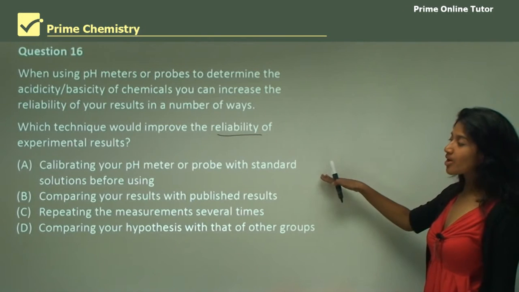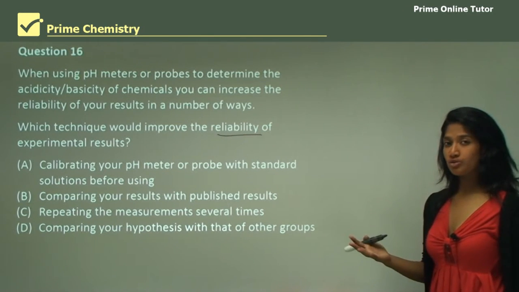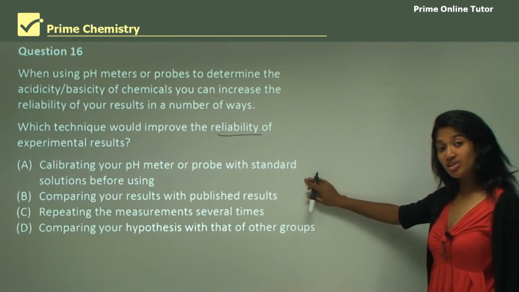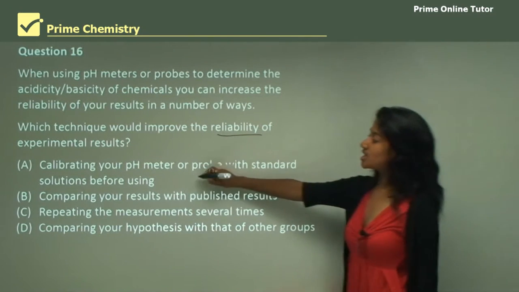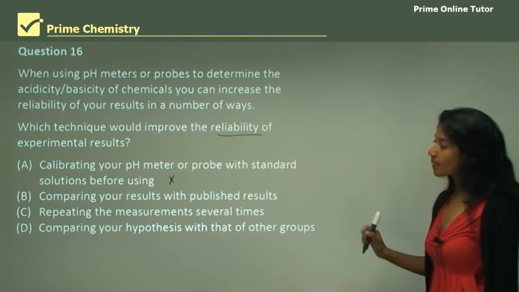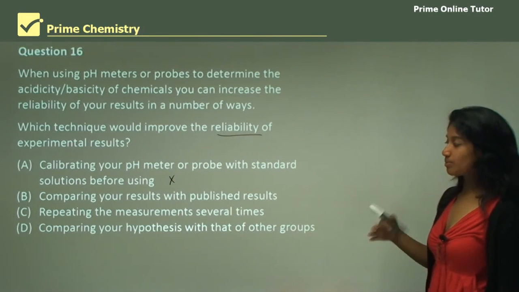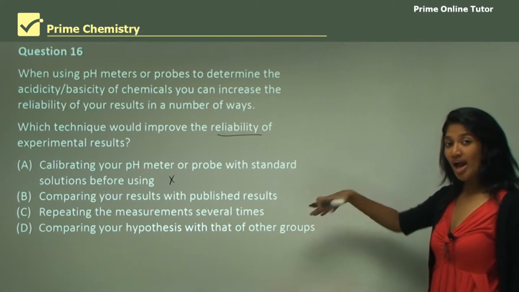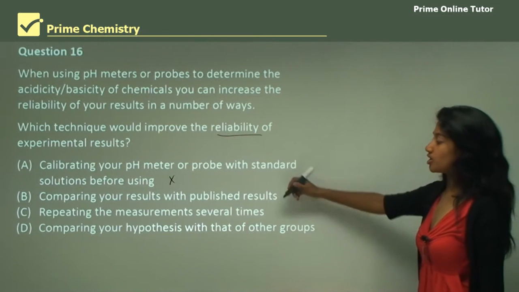Option A, calibrating your pH meter or probe with standard solutions before using. Now this is a very good practice, but it is not to increase the reliability. It is to increase the accuracy. So this is not the answer. Option B, comparing your results with published results. Again, this is a very good practice before you hand in your report, but this is to increase validity, not reliability.